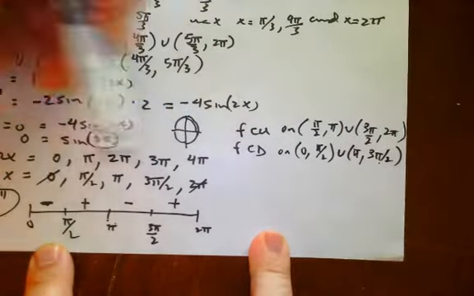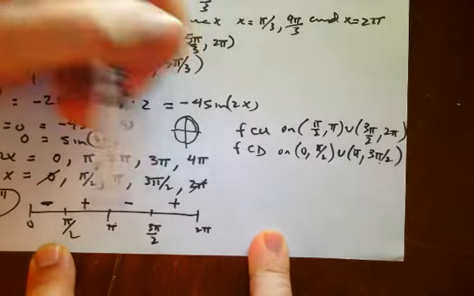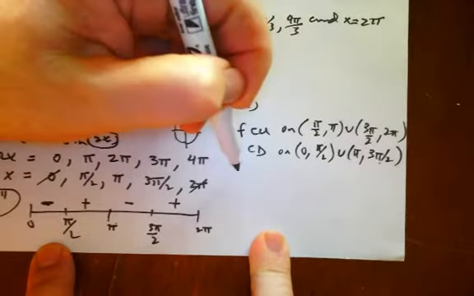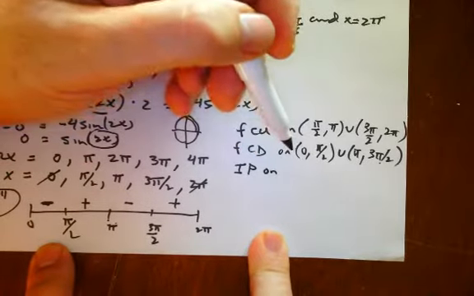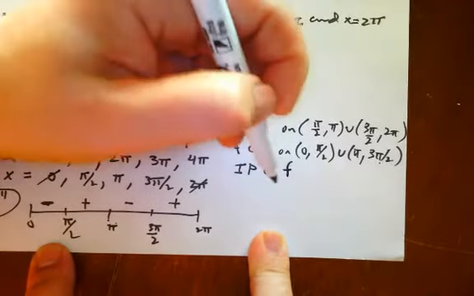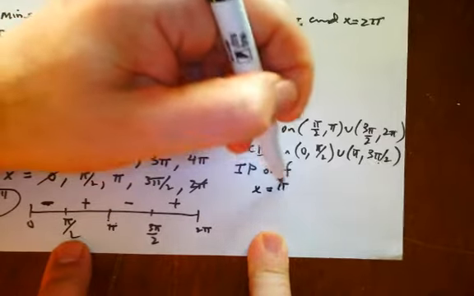And f is concave down when f double prime is negative, so on this interval and this interval, which would be on 0 to pi over 2, union pi to 3 pi over 2.